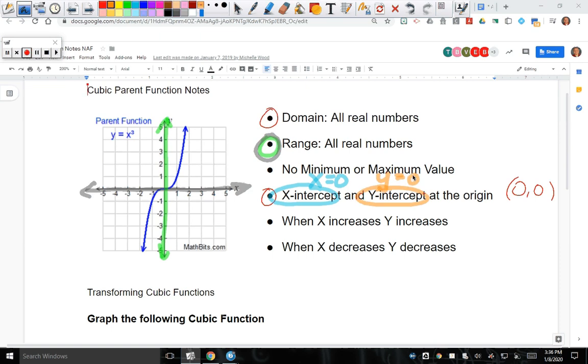Y equals 0. If you tell me a point, you need to know what you're talking about. Do you understand? Look, the x-intercept is that one. You with me? The y-intercept is that one. If you say that the y-intercept is all of this, you would be wrong.